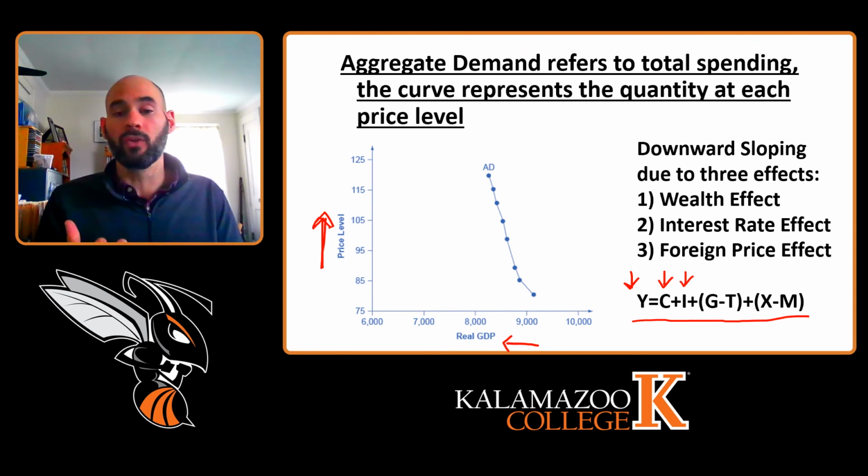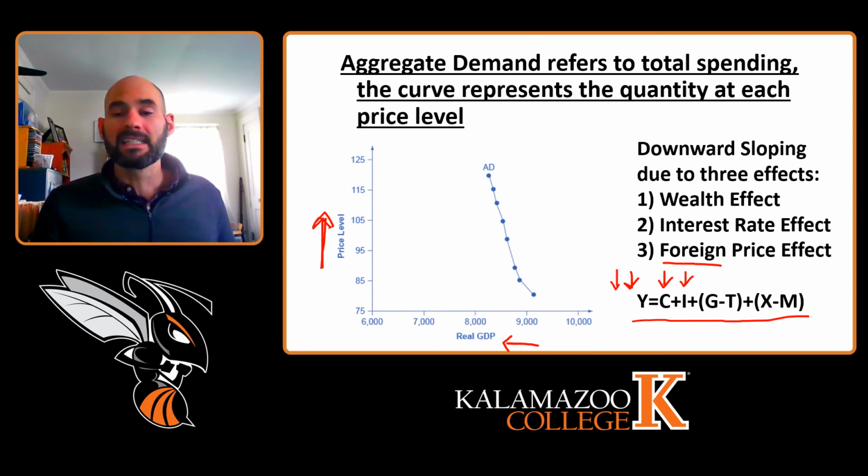So by private households. So when interest rates are higher, there's going to be a decrease in the quantity demanded for home mortgages, for auto loans, or for entrepreneurial loans to start a business. And so when the price level is higher, the interest rate is higher, investment and consumption go down, which then causes, once again, the Y to go down.